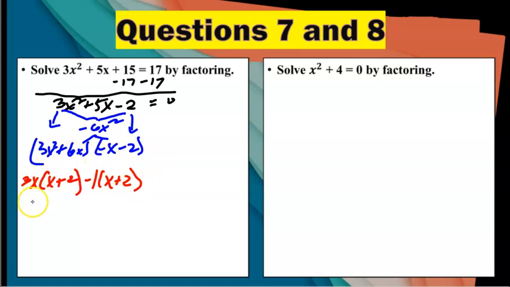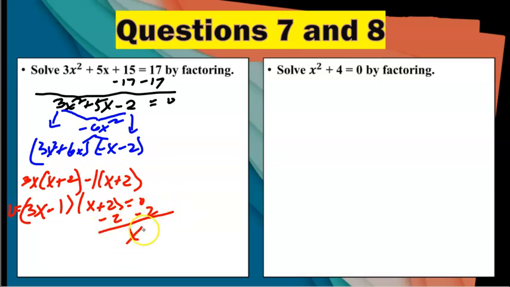So our two binomials, I have a 3x minus 1, and I have an x plus 2. All I need to do is make each of them equal to 0 and solve for x. So here I'm going to subtract 2. One of my solutions is x equaling a negative 2.